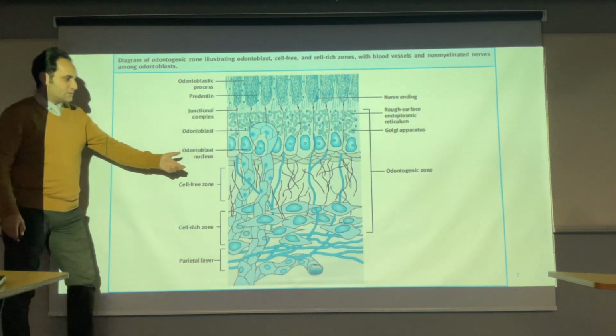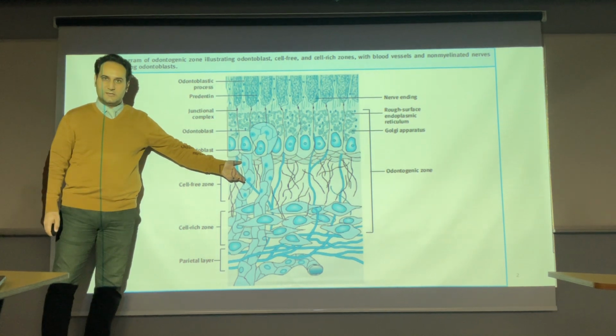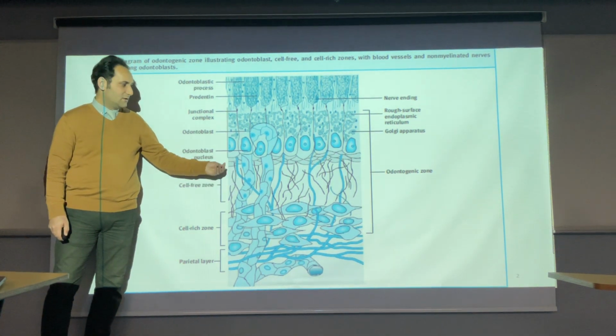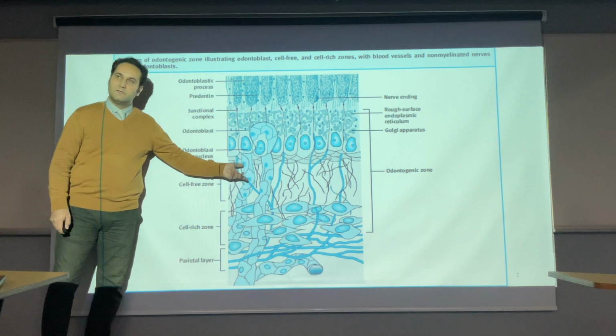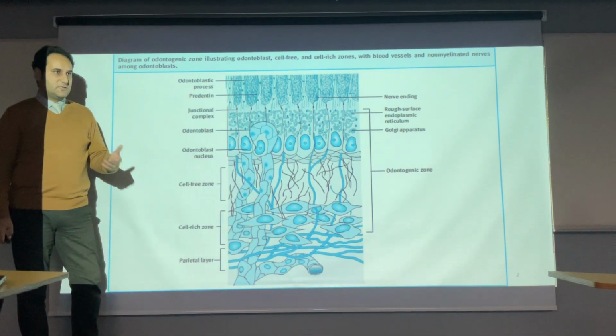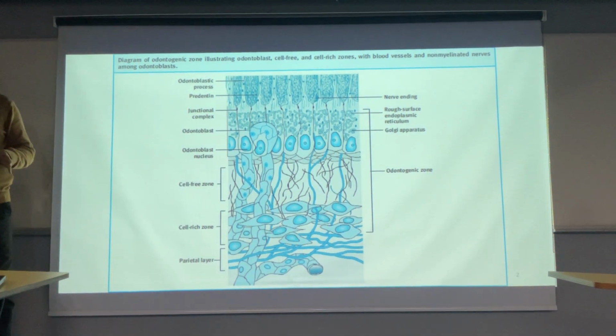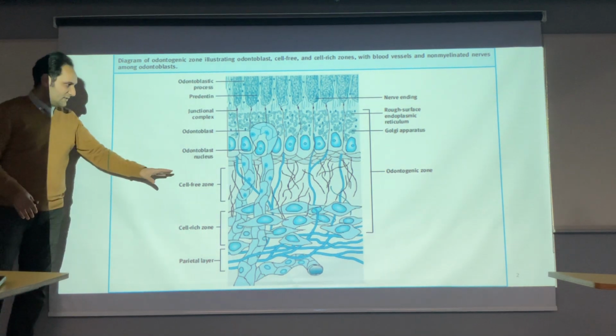These capillaries, as you know, have endothelial cells, and you can also see some connective tissue on the outer side of the blood vessels. So when we talk about the cell-free zone, it's not actually without any cell. We have some cells in this one.